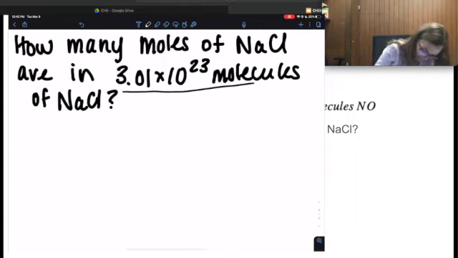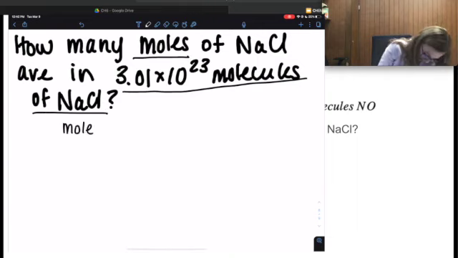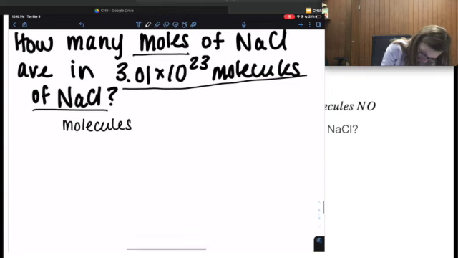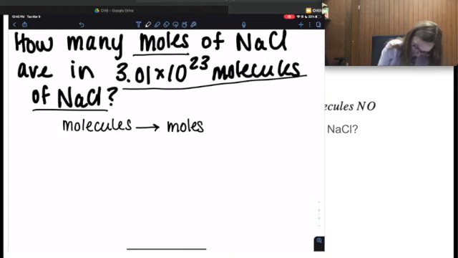All right, so it looks like I have a number of molecules of NaCl, and I'm looking for moles. So we're looking to go from molecules to moles. Okay? Well, I do have a direct relationship between number of molecules and moles. We just used it. It's our best friend, Avogadro's number.